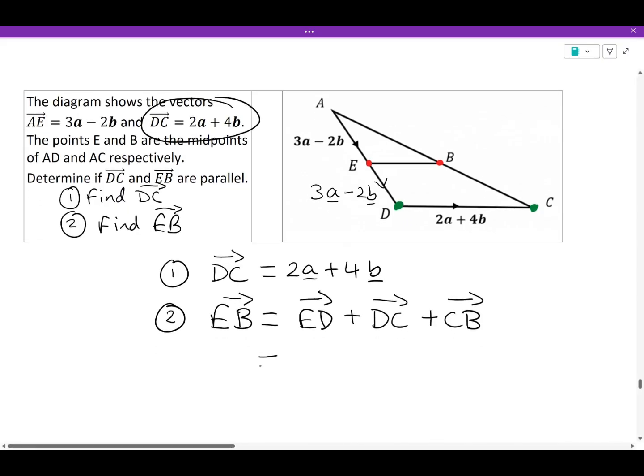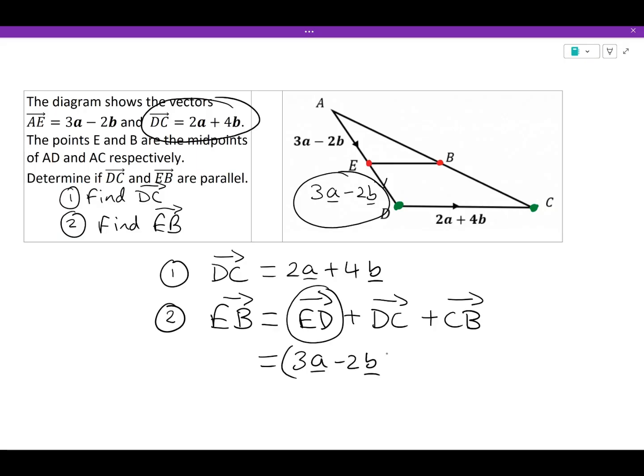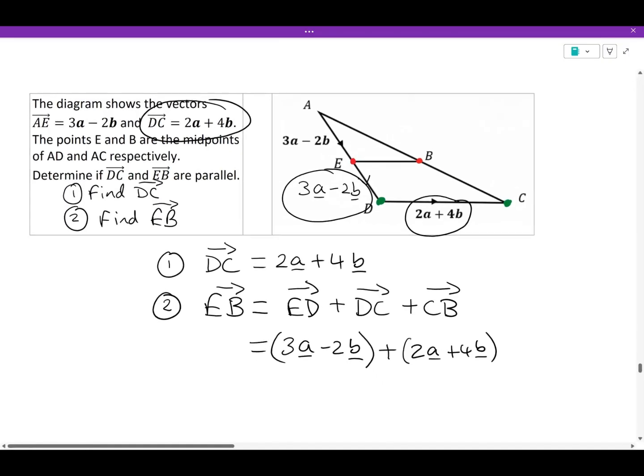So let's just start filling in what we know in terms of the lowercase a's and the lowercase b's, which are vectors. So E to D is the vector 3a take 2b. So I'm going to put that in. And then the vector D to C, well, that would be the 2a plus 4b, like that. Now, vector C to B, that's going to be the problem one.